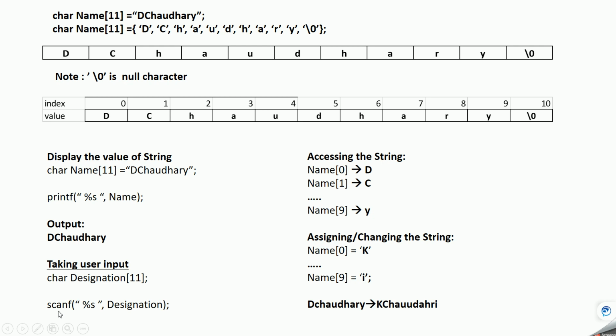So in that case you can use the function called scanf, and %s will write the value into this variable. Means printf will read from this name, and scanf will write into this variable whatever we type at the command prompt. So this is with respect to reading from and writing to the command prompt.